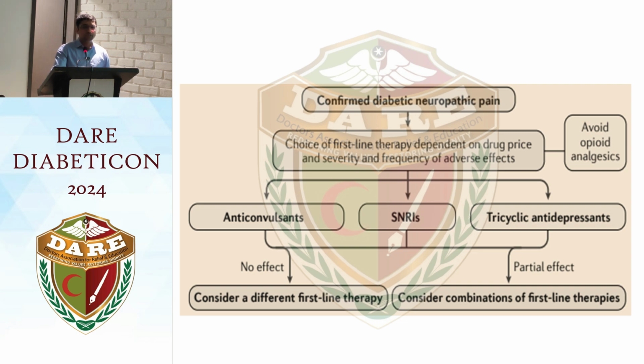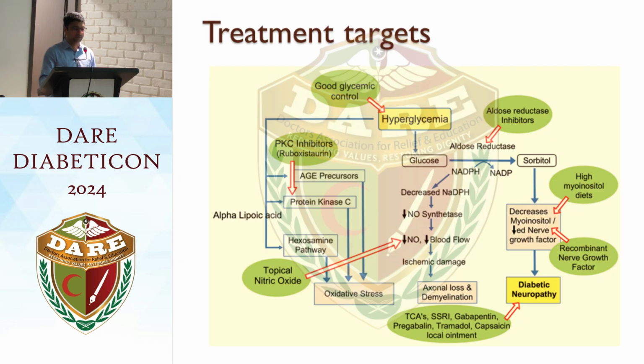Coming to the next topic, diabetic autonomic neuropathy. We know that diabetic autonomic neuropathy is basically small fiber neuropathy which specifically affects autonomic function. So what are the types of autonomic neuropathies? It is specific to the organ involvement. When it is cardiac involvement, it is called cardiovascular autonomic neuropathy.